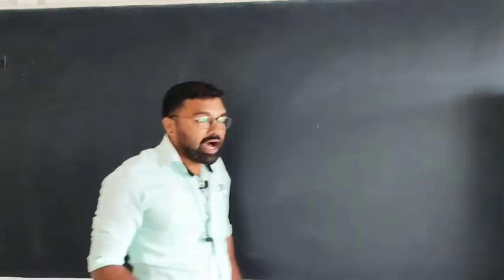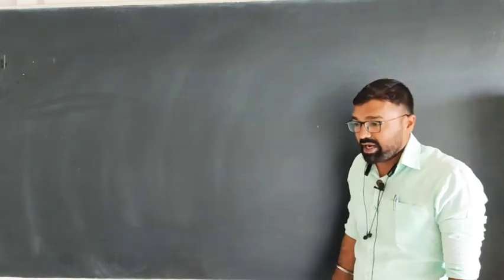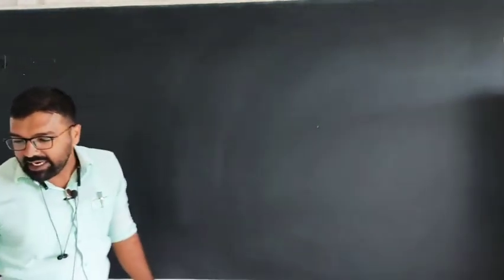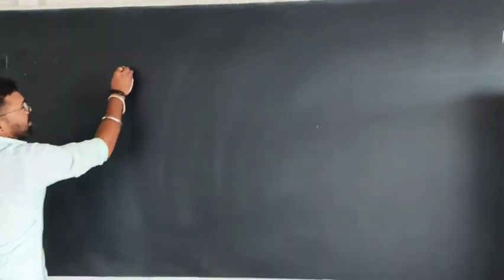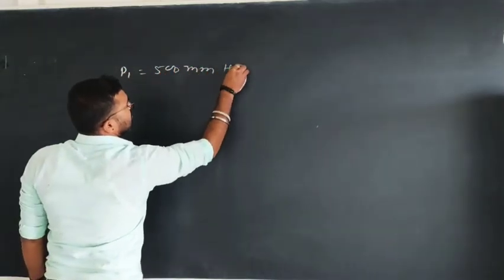For the reaction, the data is given in terms of a change in pressure. Suppose I write the initial pressure P1 is 700 millimeter of Hg, and the final pressure P2 is 500 millimeter of Hg.